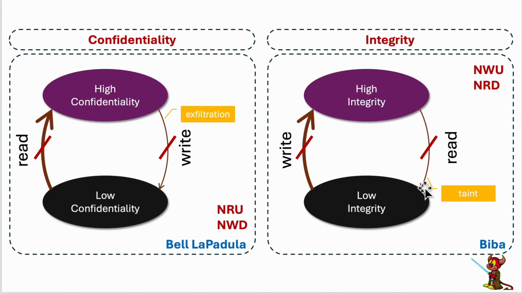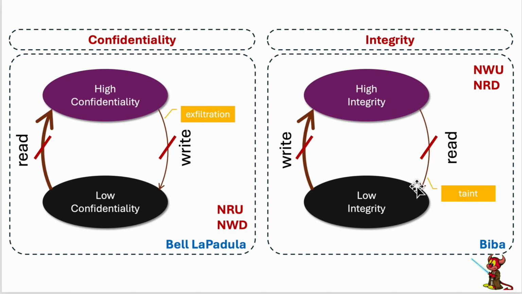On the other side, if I'm running a process with high integrity, to guarantee this integrity feature, I should not be able to read documents from processes which are running from a low integrity label. Why? Because my process might be tainted. Here, when you're looking up, this would be an attacker that is going to actively try to exploit my system by changing the high integrity process to modify it.